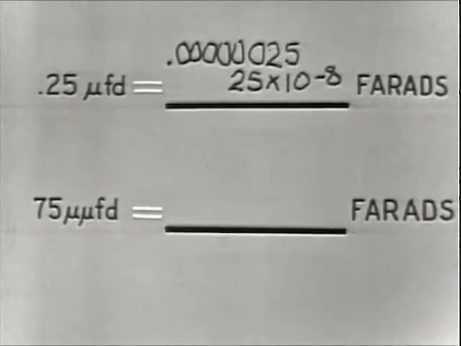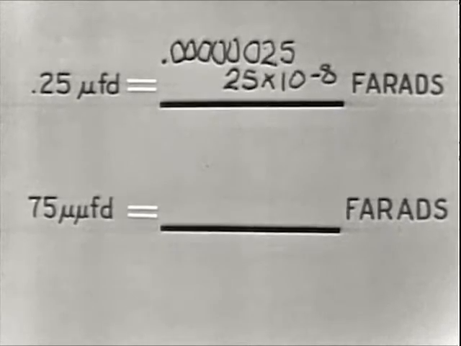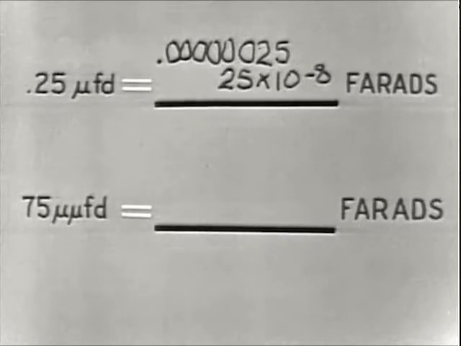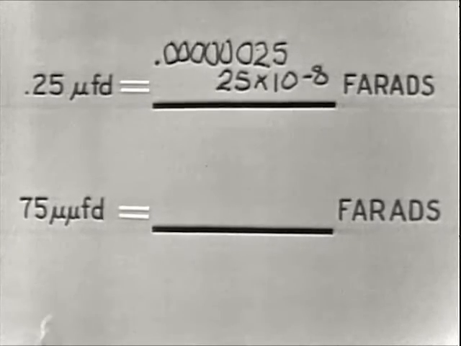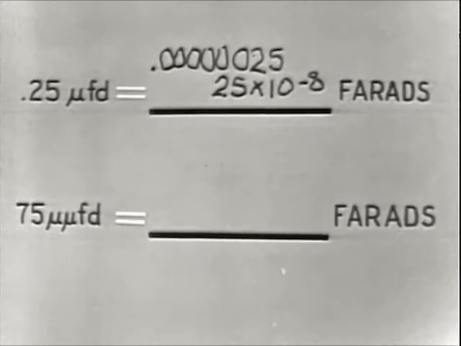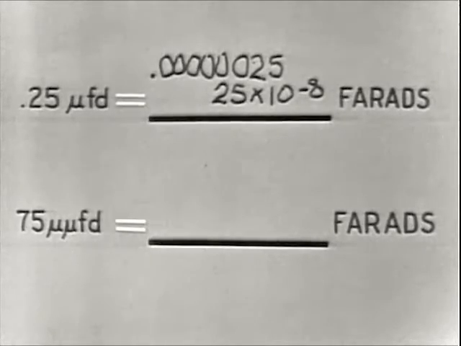All you need to do is count the number of places to the right of the decimal point and write the value as I did, using the number of places as the minus power of 10. Now, in this one, we must move the decimal point 12 places to the left because it's in microfarads.